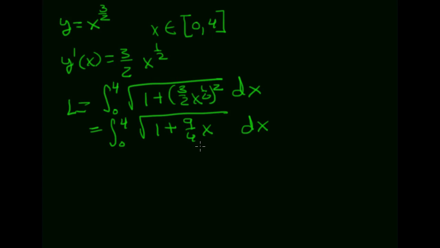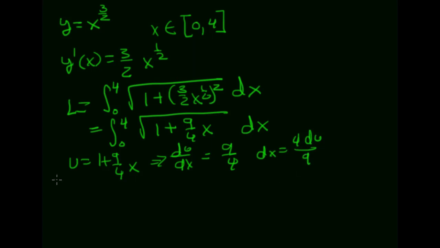This one you can actually work out until we get to the dead end here. Let u be 1 plus 9/4 x. That means that du dx is 9/4, which means that dx is 4 du over 9.